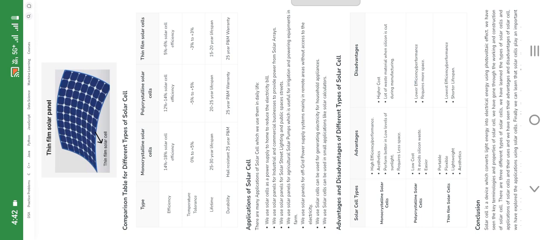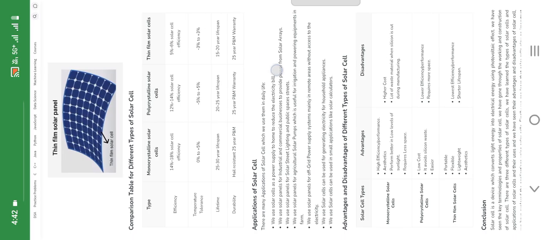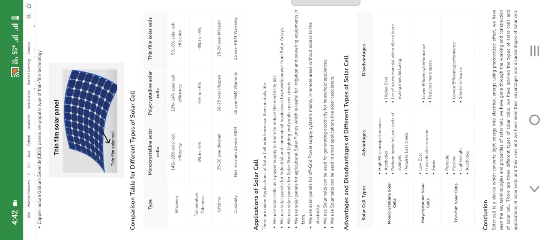When we compare the lifetime, in monocrystalline solar cells it will be 25 to 30 years. In polycrystalline solar cell, 20 to 25 years. In thin film, 15 to 20 years durability.